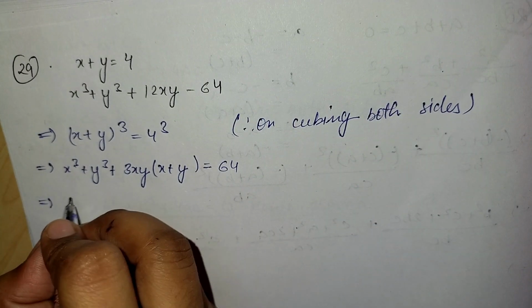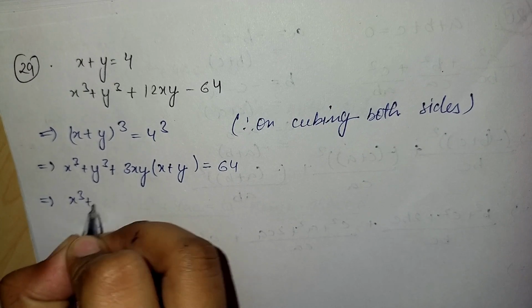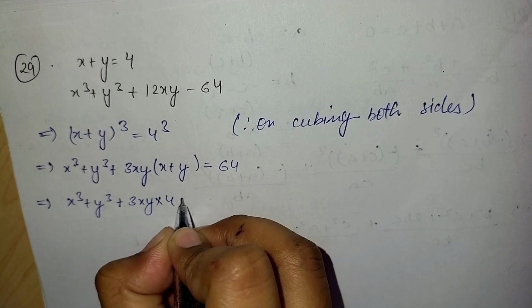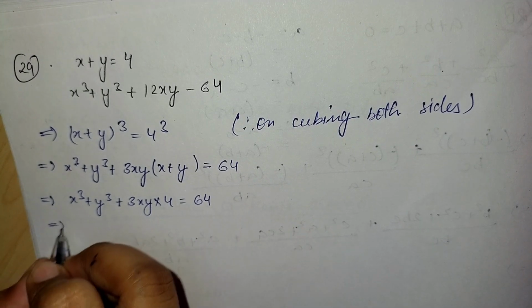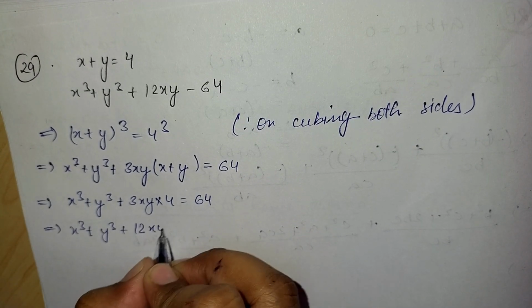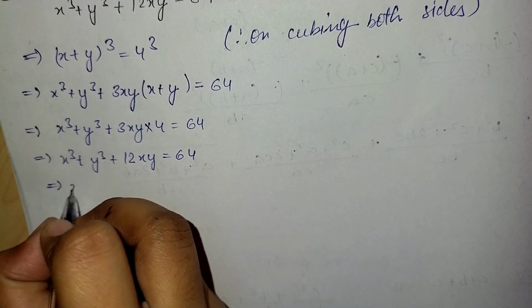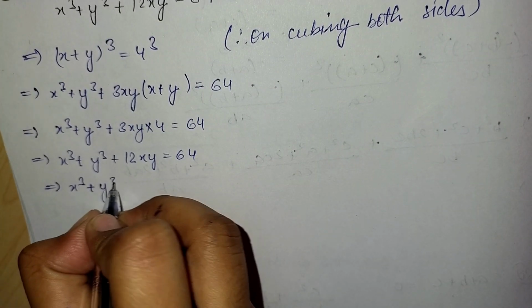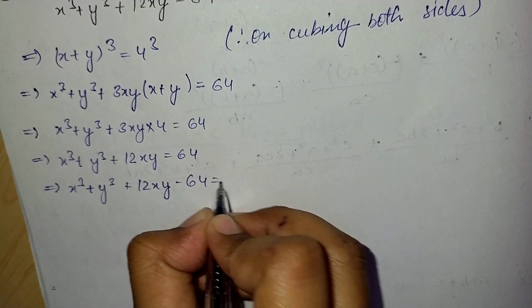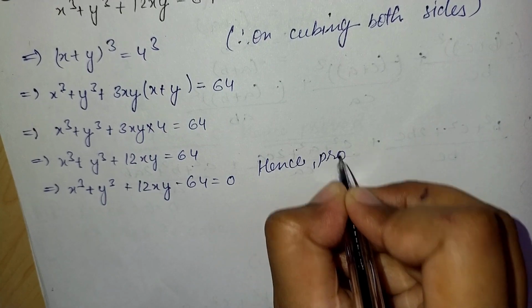So substituting the value x plus y, we get x cube plus y cube plus 3xy into 4 equal to 64. So x cube plus y cube plus 12xy equal to 64. So hence proved that x cube plus y cube plus 12xy minus 64 equal to 0 here. Hence proved.